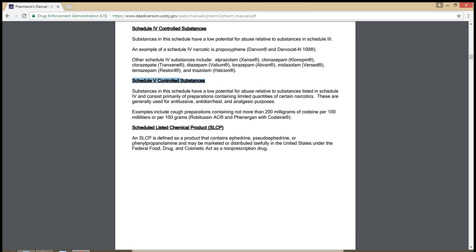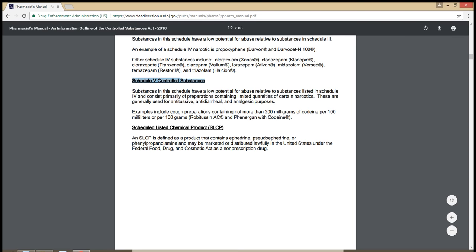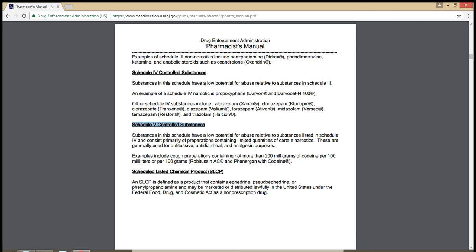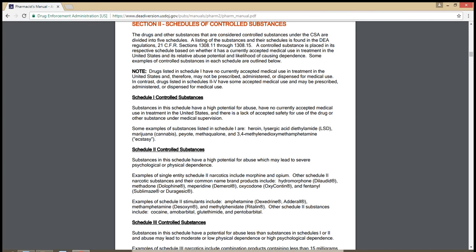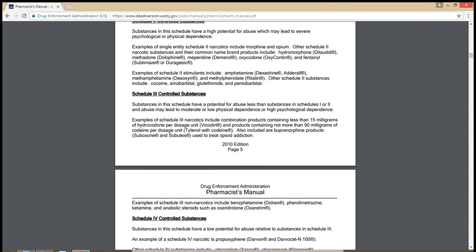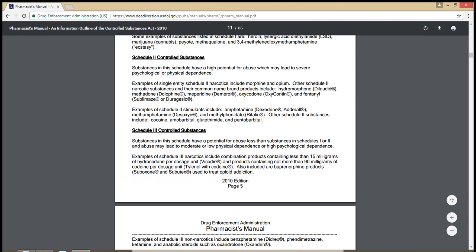And before I end the video, I would like to mention prescriptions for these medications. Federal law states that Schedule 2 prescriptions do not expire. However, in the state of Washington, Schedule 2 prescriptions expire in 6 months.